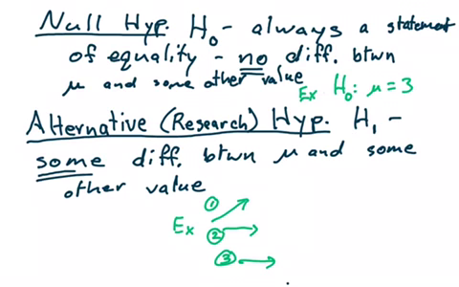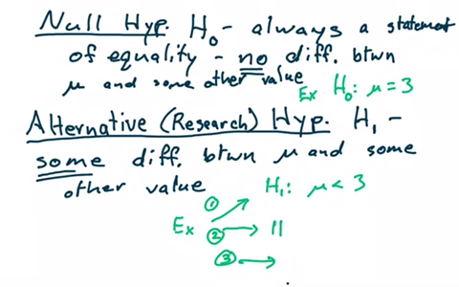Our possibilities for H subscript 1 would be to say, for instance, mu is less than 3. That would be one way of saying there is a specific difference, that mu is under whatever this value was, in this case 3.